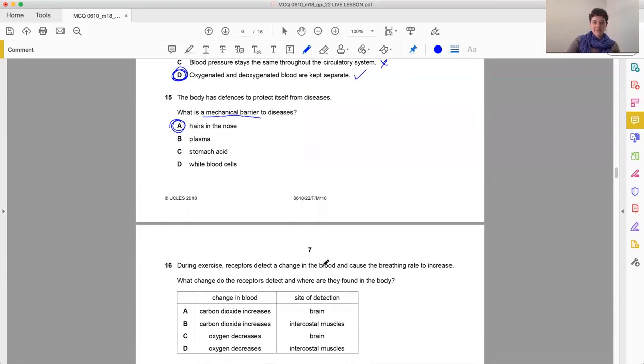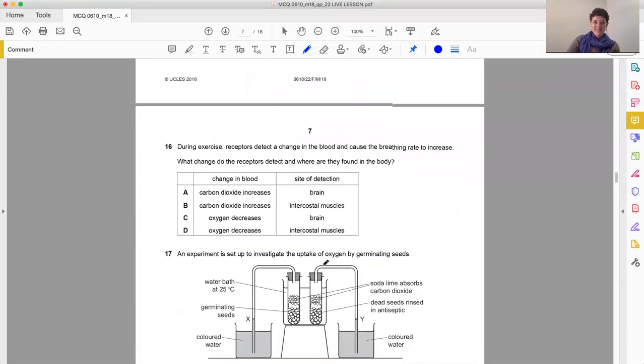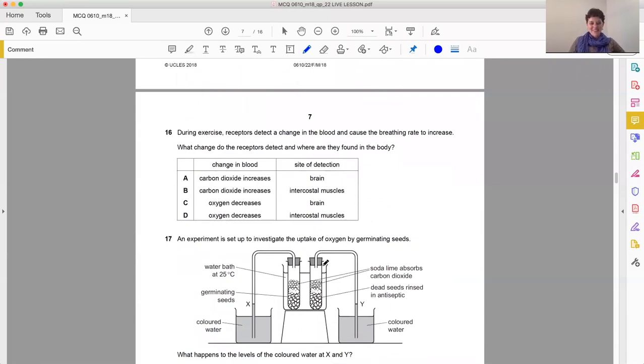What comes next? From diseases to exercise. So during exercise, receptors detect a change in the blood and cause the breathing rate to increase. What change do the receptors detect, and where are they found in the body?